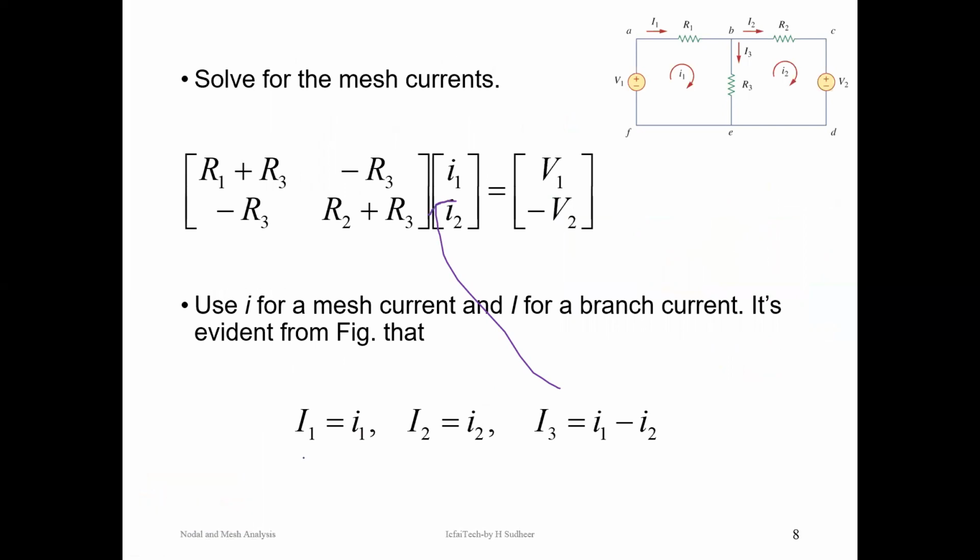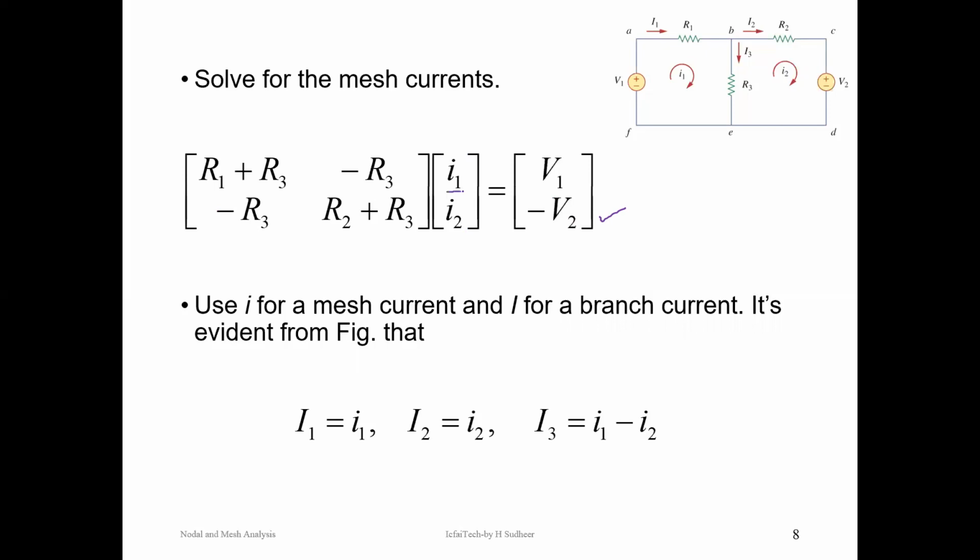So the equations are R1 plus R3 into I1 minus R3 into I2 is equal to V1. The second equation is minus R3 I1 plus R2 plus R3 into I2 is equal to minus V2. Once you represent in a standard matrix form, you can use Cramer's rule or a substitution method.